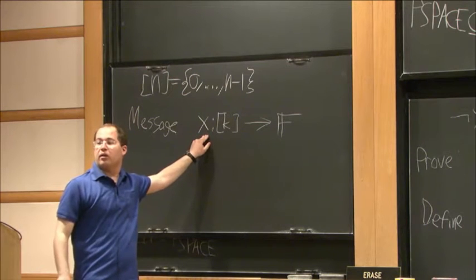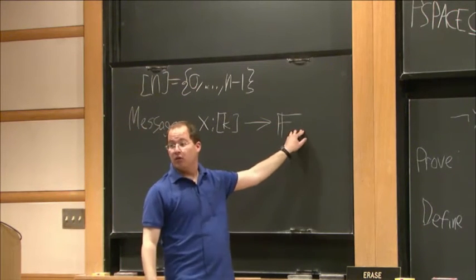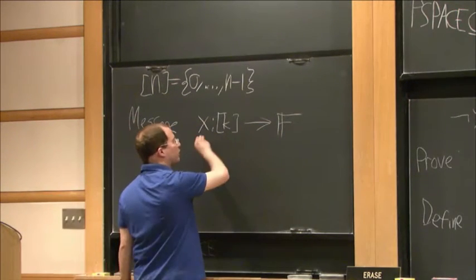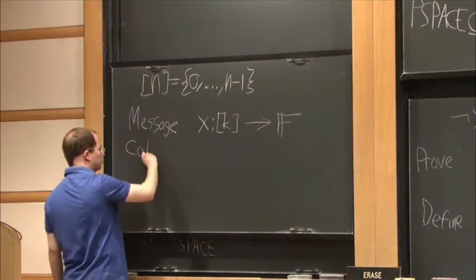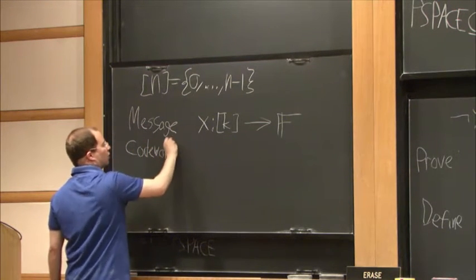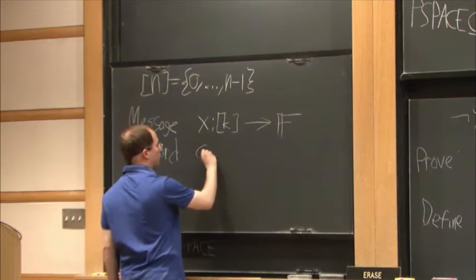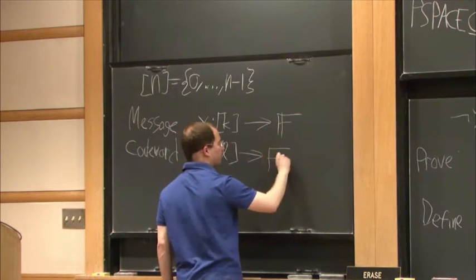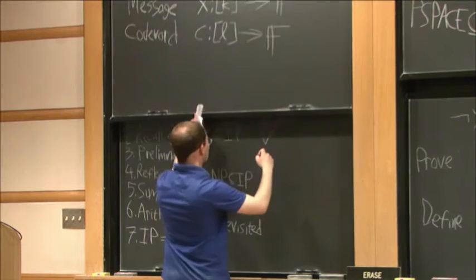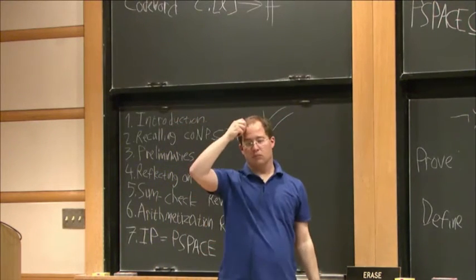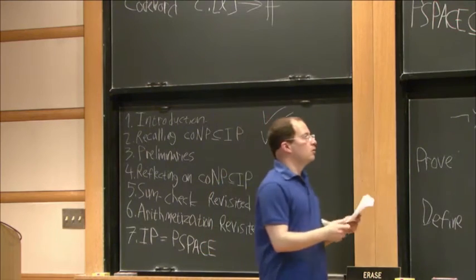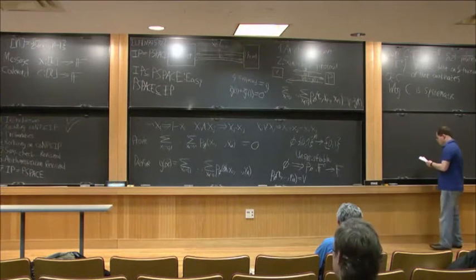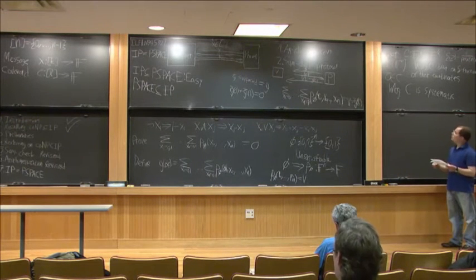Instead of viewing it as a string in f to the k, I view it as a function, and the code word will be viewed as a function c from L to f. What is f here? F is a finite field.